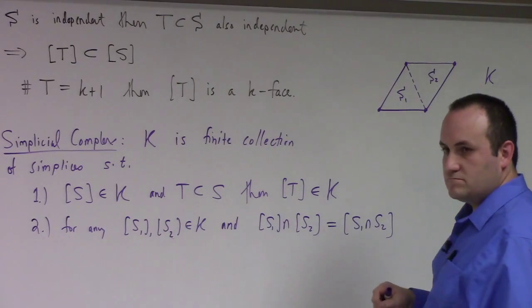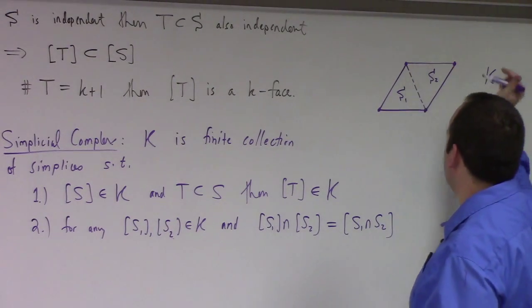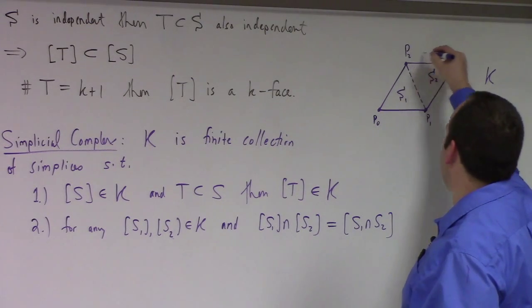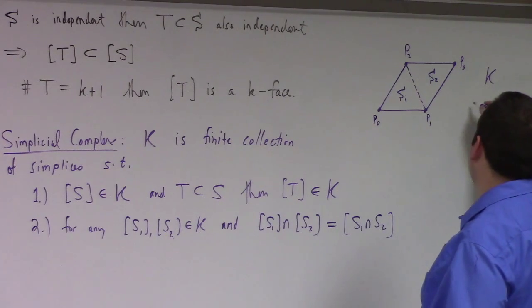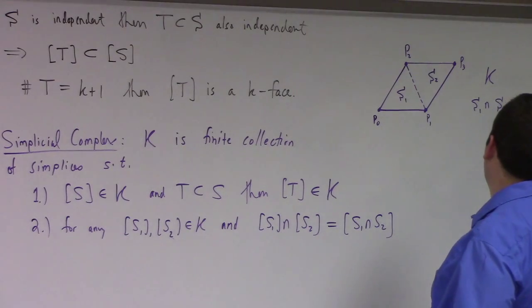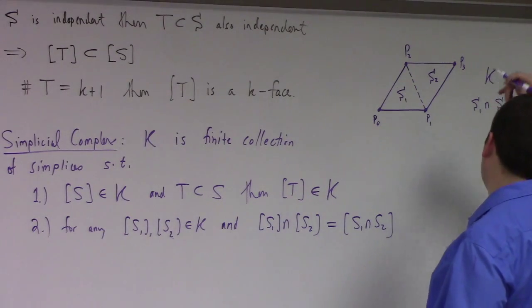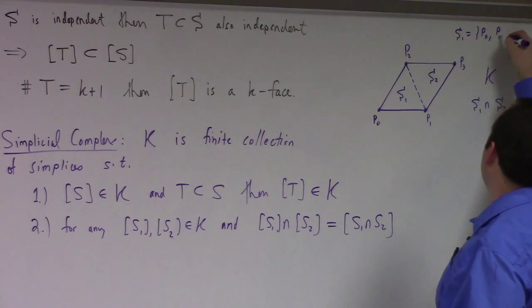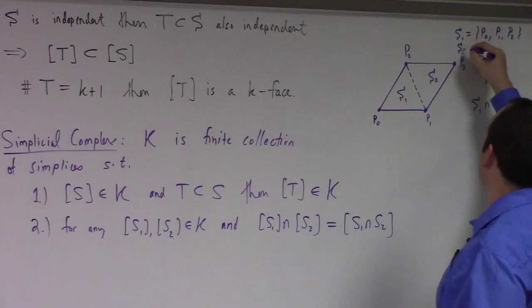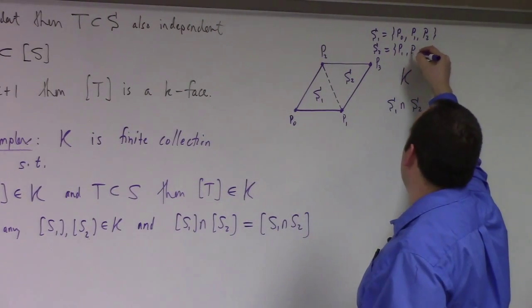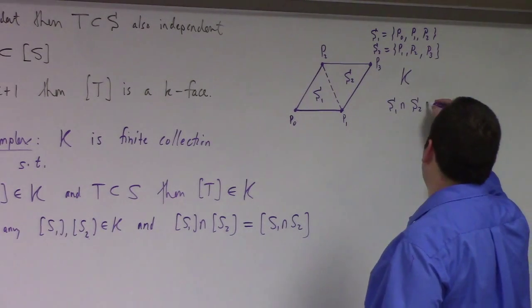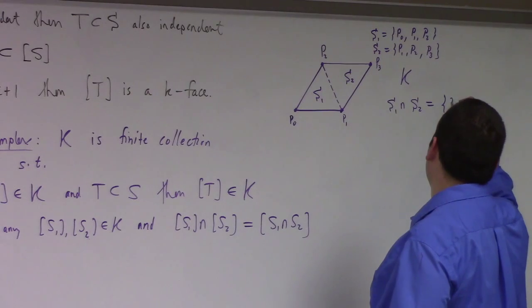I need to give these some labels, P0, P1, P2, P3. So S1 is P0, P1, P2. S2 is P1, P2, P3. So S1 intersect S2 is just the set containing P1 and P2.